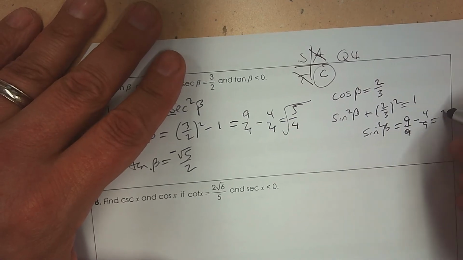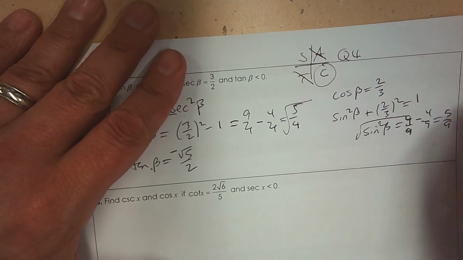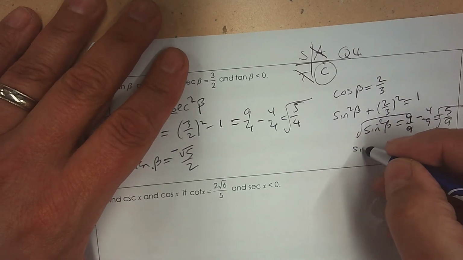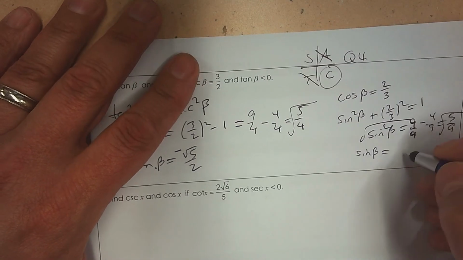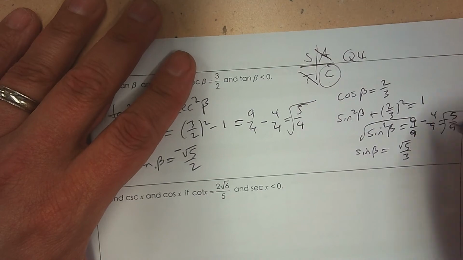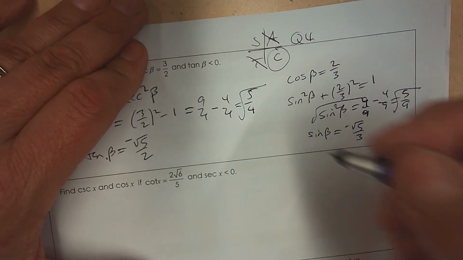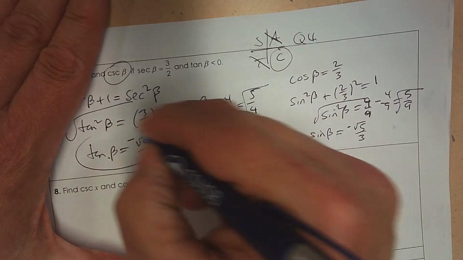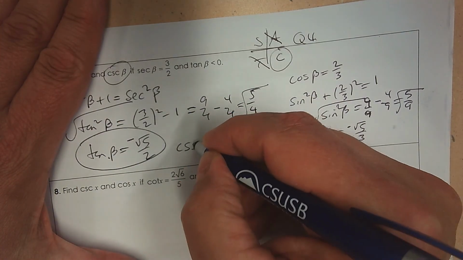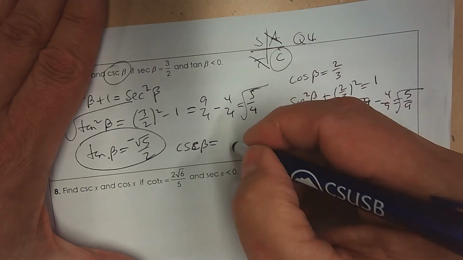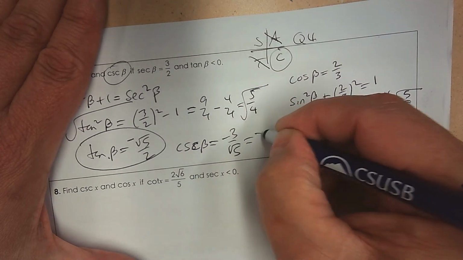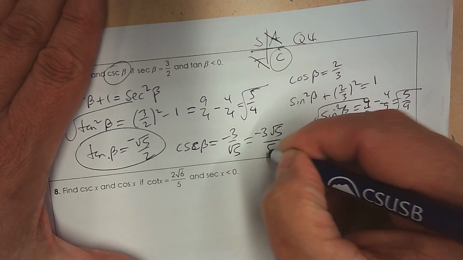So you get 5 over 9, and then the square root of that would be root 5 over 3. In quadrant 4, sine is negative. And then if I know sine, then I know cosecant. So what's the reciprocal of that? And then rationalize it, and you have your answer.